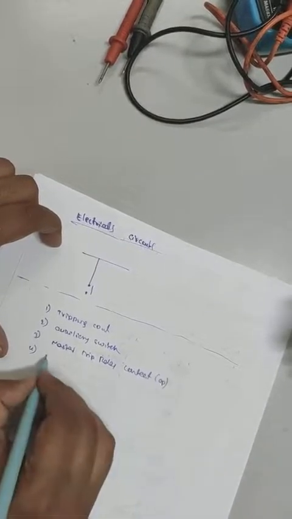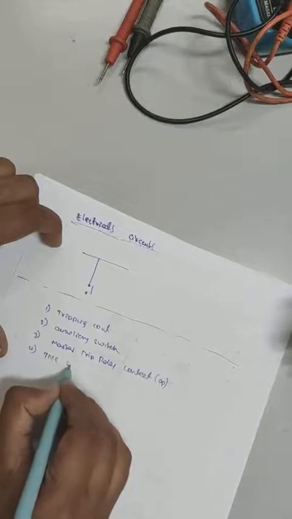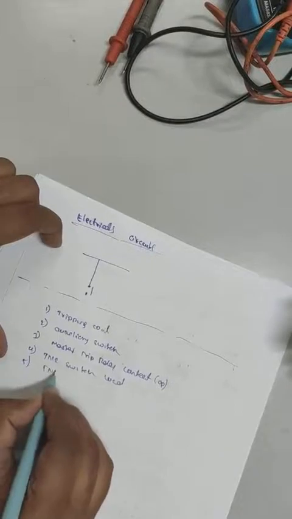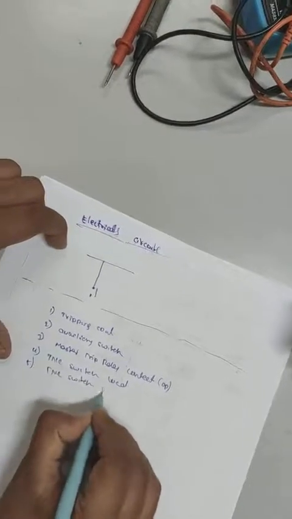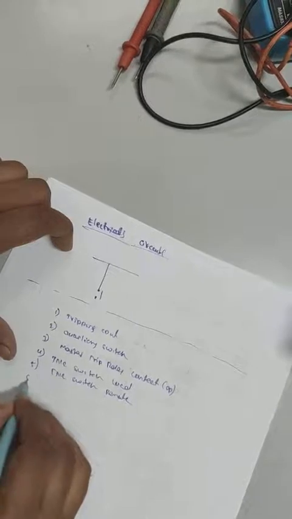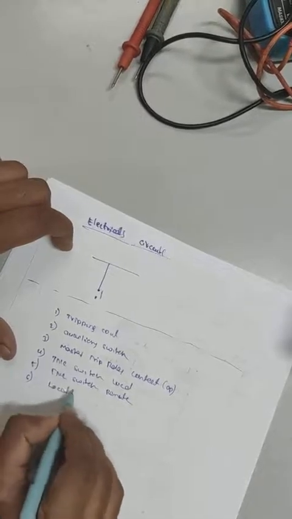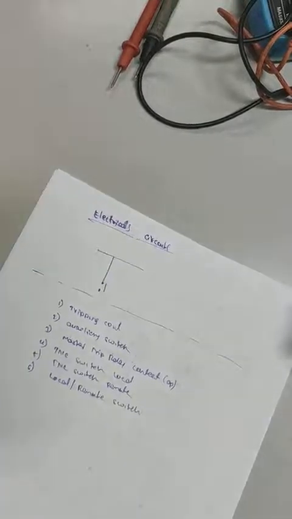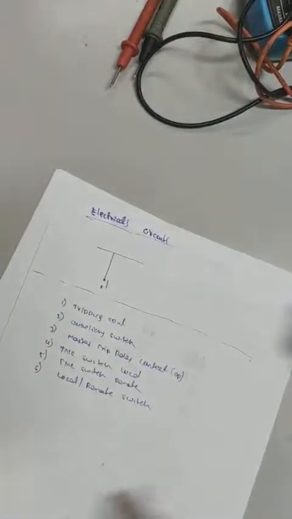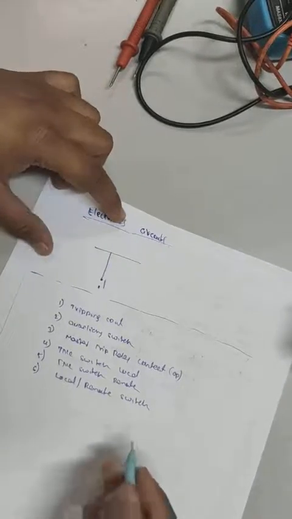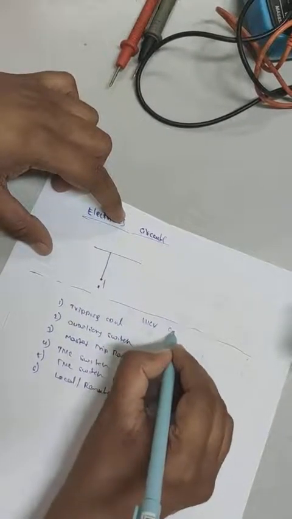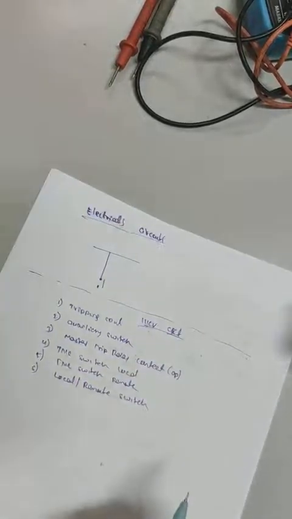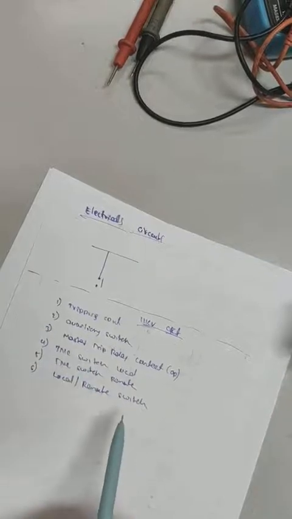Number 4, TNC switch local. Number 5, TNC switch remote. Number 6, local remote switch. Only these components will be there in the 11 kV circuit breaker control circuit. Only these components.